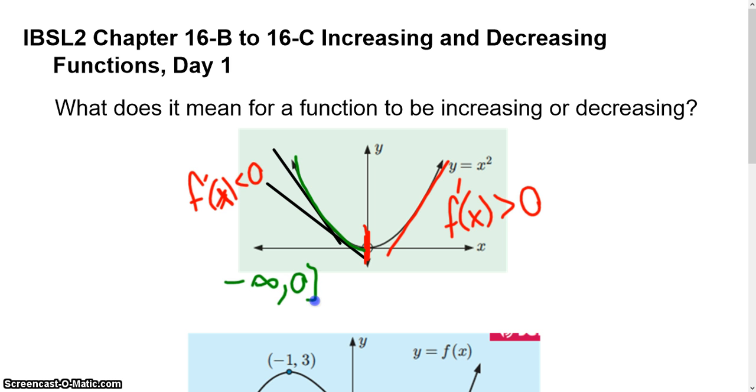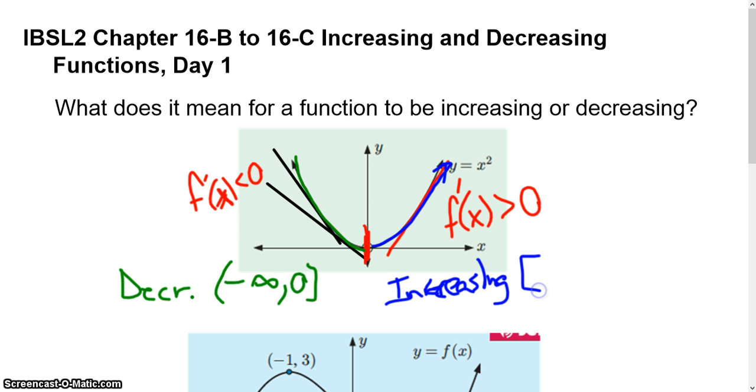We'll include 0, and we'll talk about why later on. Then on this side, where the derivative is positive, our function is increasing, and that would be the interval from 0 to positive infinity.